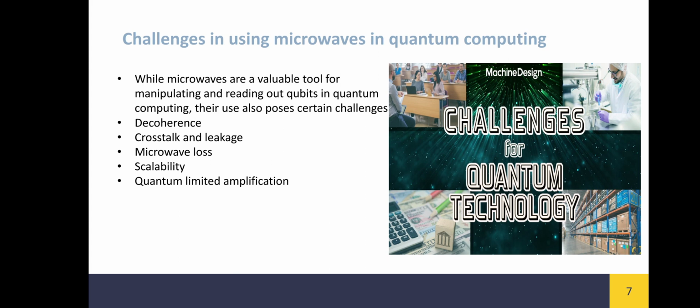So, applications of quantum computing with microwaves. Quantum computing with microwaves has the potential to impact several fields and applications. Here are a few notable areas. So, for example, cryptography and cybersecurity.